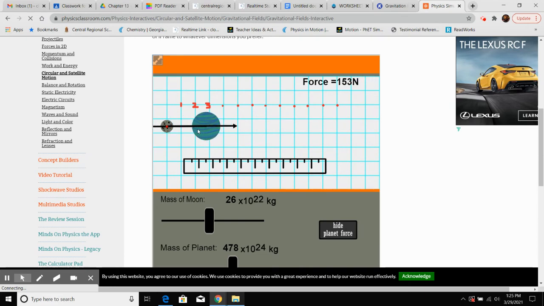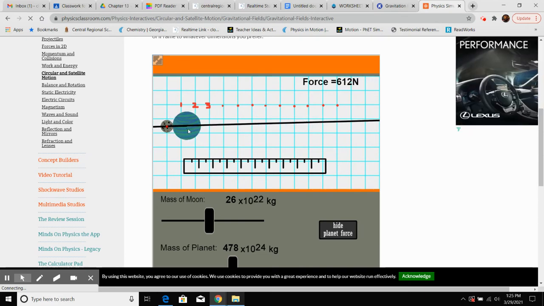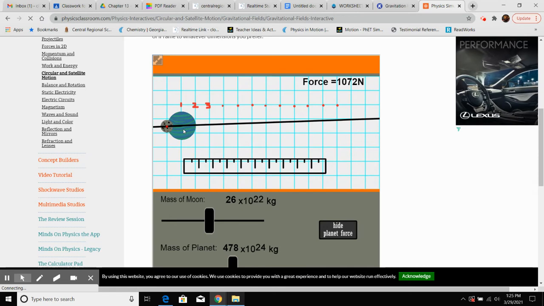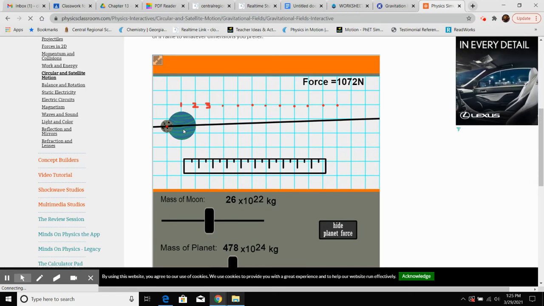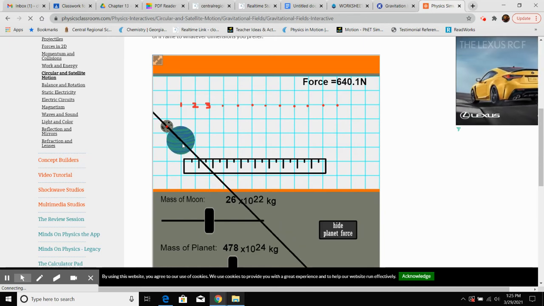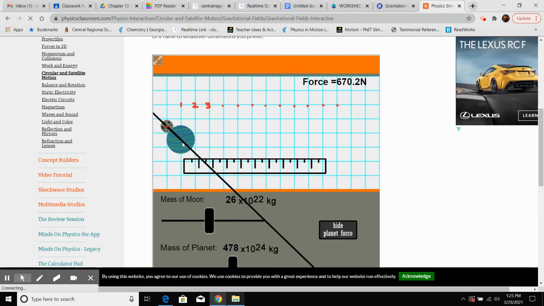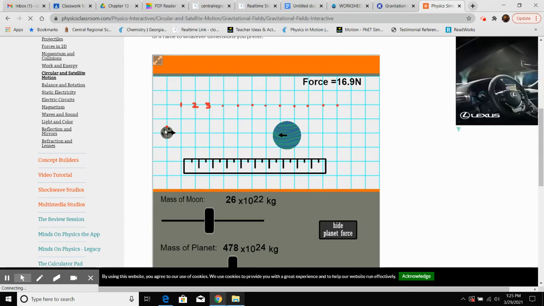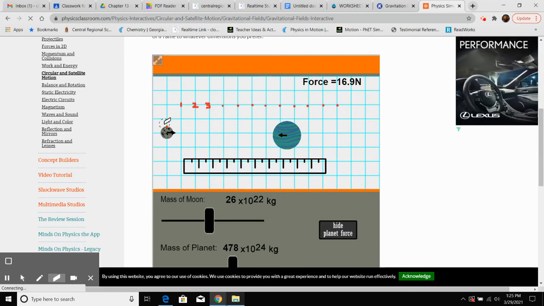Let's see. Let's move the moon so we get it kind of centered like this, so that it looks like it's centered in between this whole little crosshair.